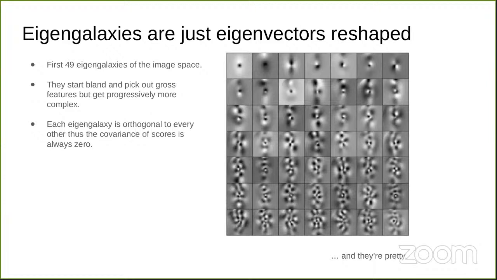The first and the second are a little bit meaningful, but as you go on, that orthogonality constraint makes the eigenvectors look more and more complicated for reasons other than something you can interpret. But they're pretty, so I thought I'd show you.